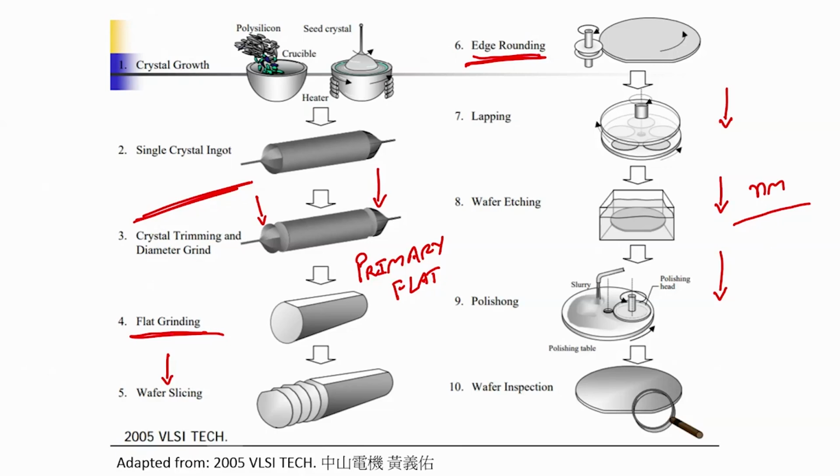Now, once you have this, what is the next step? After this you have to polish it. Once you polish, the next step is to inspect the wafer. So, starting from crystal growth, you load polysilicon into the hot crucible, the polysilicon is in melted form, and then you dip the single crystal, rotate it and pull it off, and you get a single crystal ingot, followed by crystal trimming, then diameter grinding, flat grinding, wafer slicing, edge rounding, lapping, etching, polishing, and finally wafer inspection.